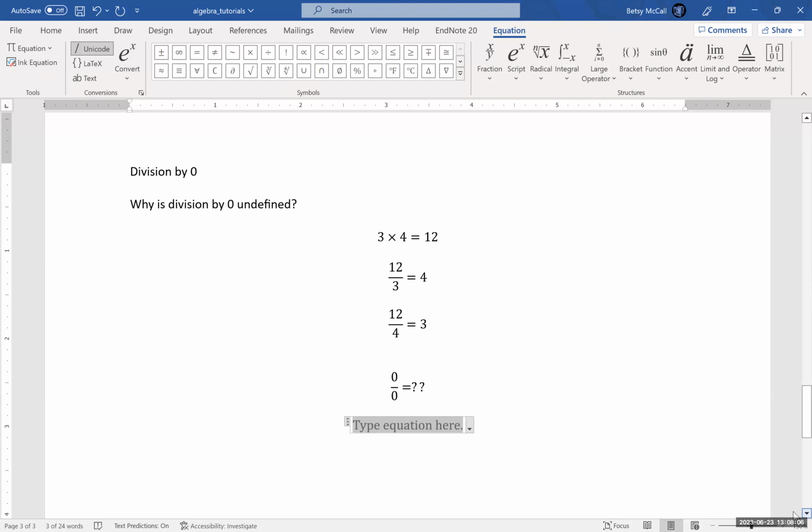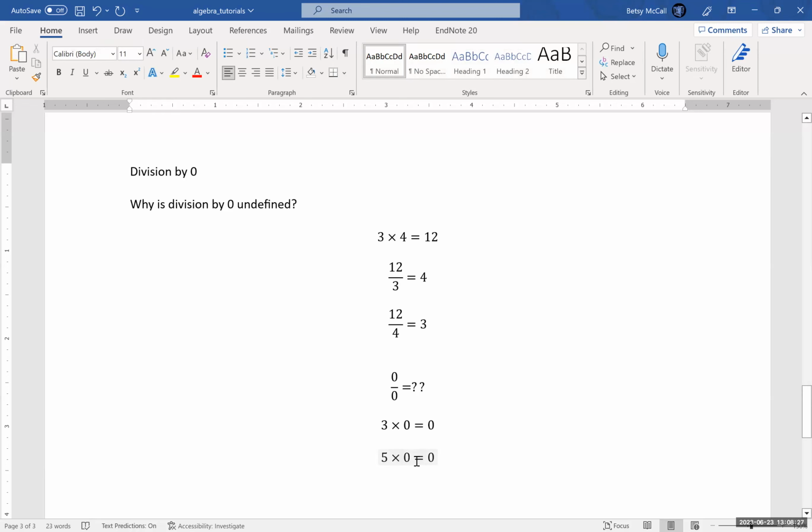We could say 3 times 0 is 0. And that would give us 0 divided by 0 is 3, according to our previous analysis. But I could also say 5 times 0 is 0. And so what if I use that to write my equivalent division problem?